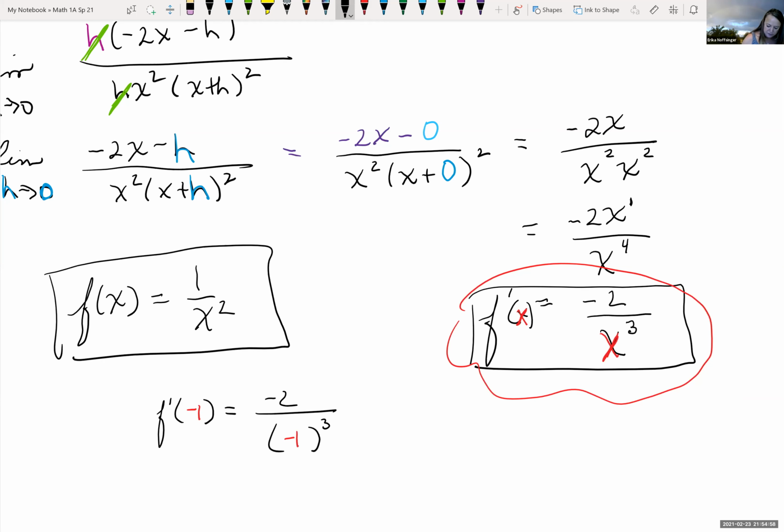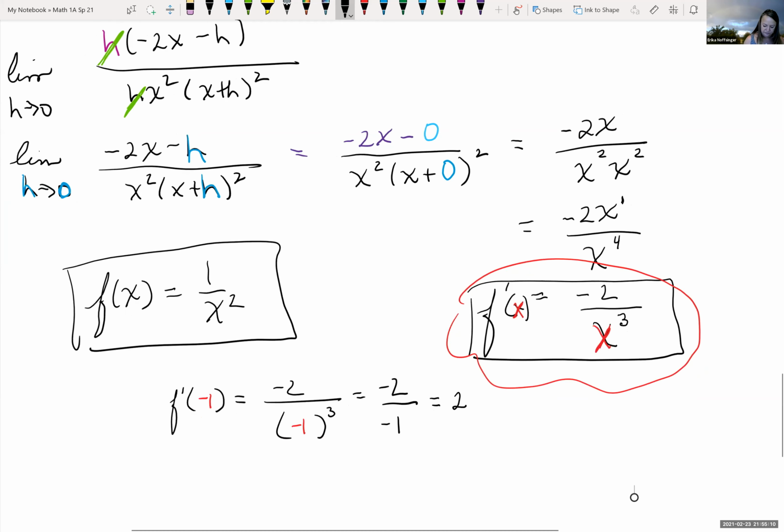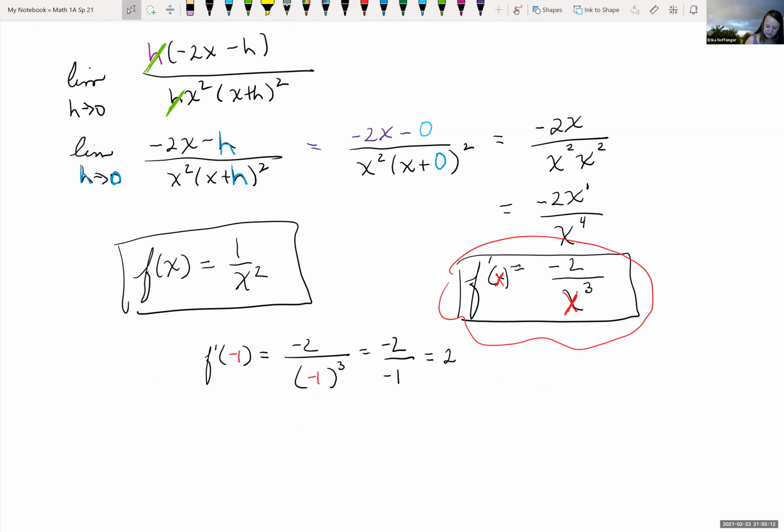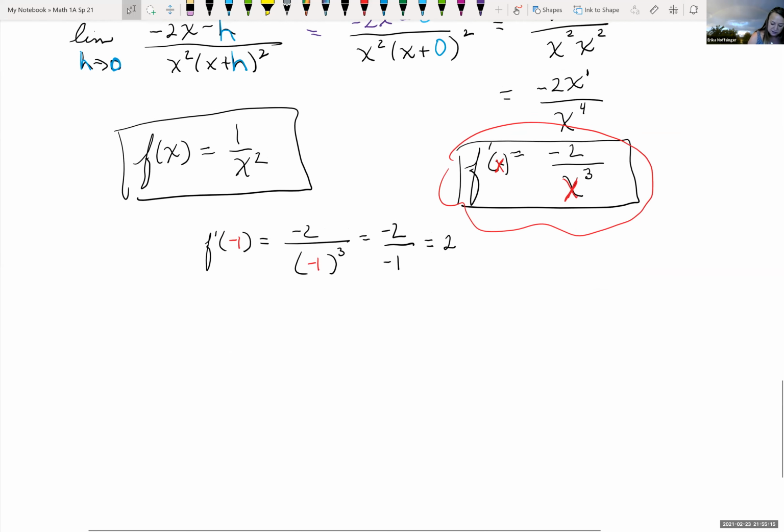Negative 1 cubed is negative 1. So we have 2 negatives, division is positive, so this is 2. So the slope is 2. We have a point on that tangent line, and on the graph, which was negative 1, 1.